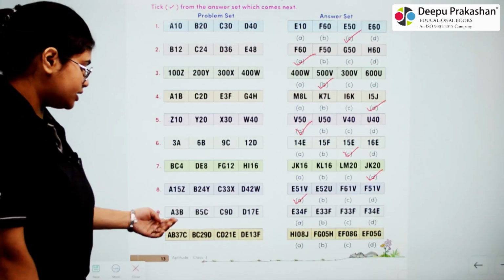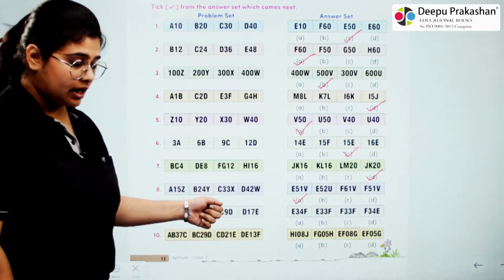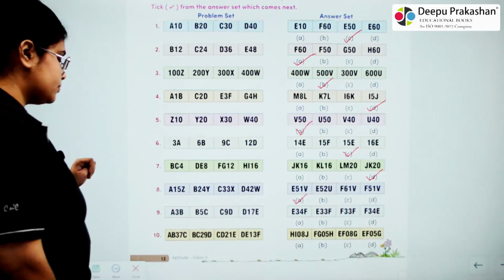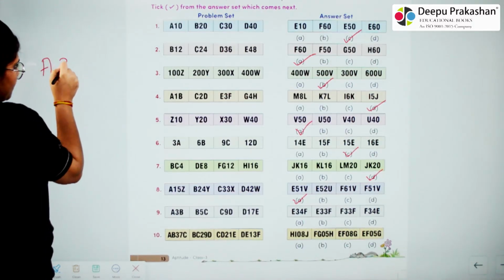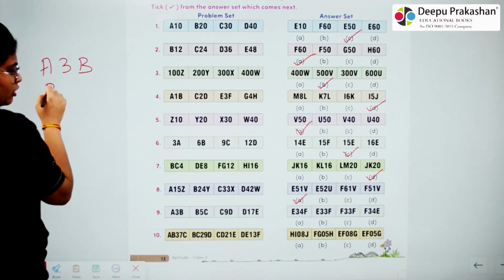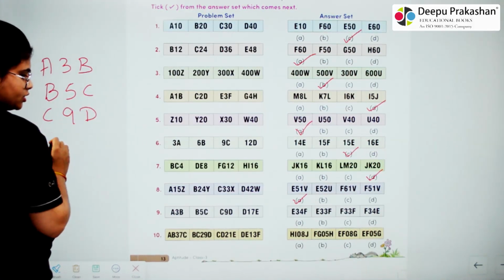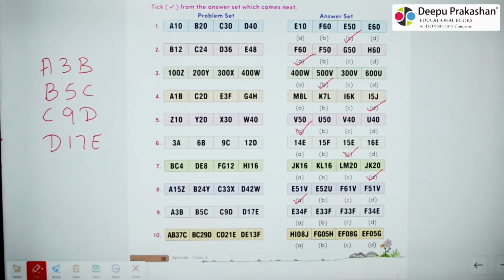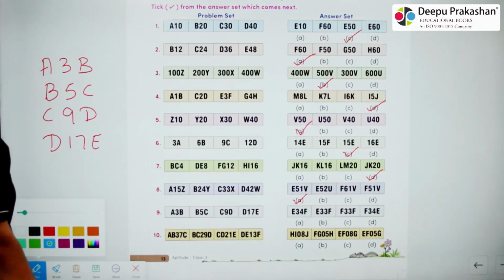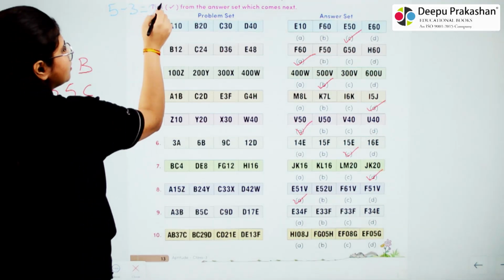Ninth, we are given A3B, B5C, C9D, D17E. So here we see that the pattern is not continuous for the number, but the alphabets are continuous. So for the numbers, we need to check the difference in the numbers. If we subtract 5 and 3, we get 2.